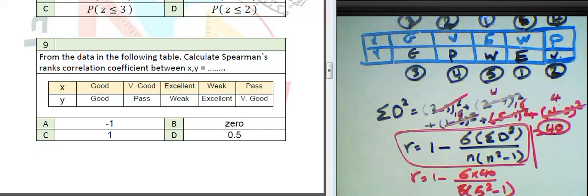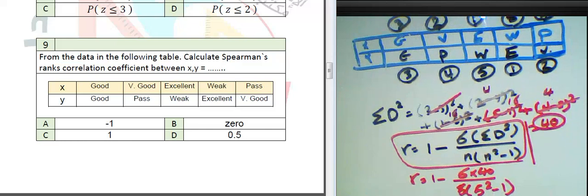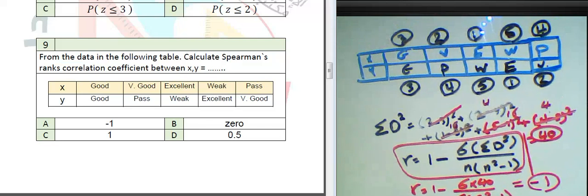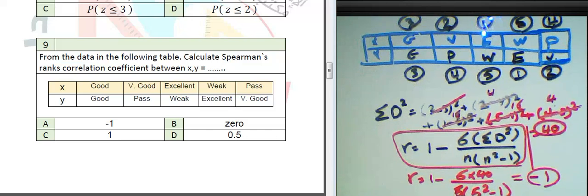And then you can find the result: 6 times 40 over 5 times 25 minus 1. The result will equal what? Negative 1. Understood? Okay, choose letter A about this example.